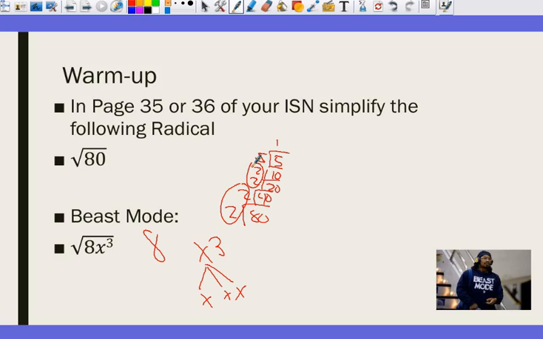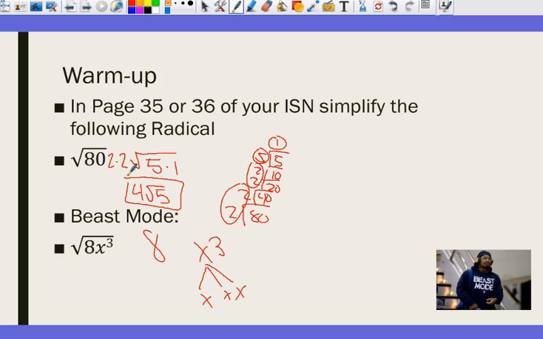So you're going to have 2 things on the outside of the radical. So you have your radical, and now you have 2 things on the outside of the radical. This one and this one. What's left over? A 5 and a 1. 2 times 2 is 4 times the square root of 5. That's the answer.